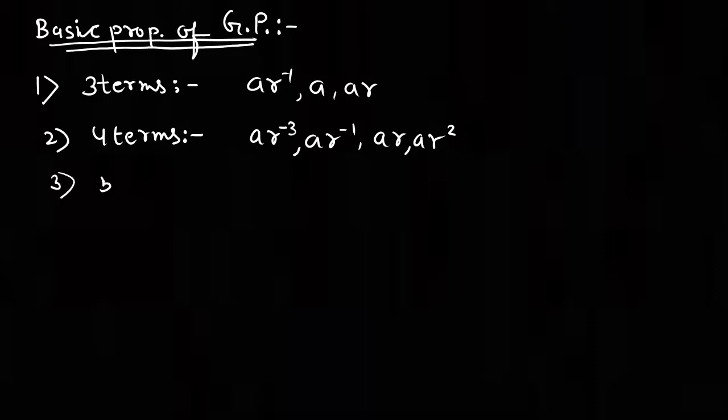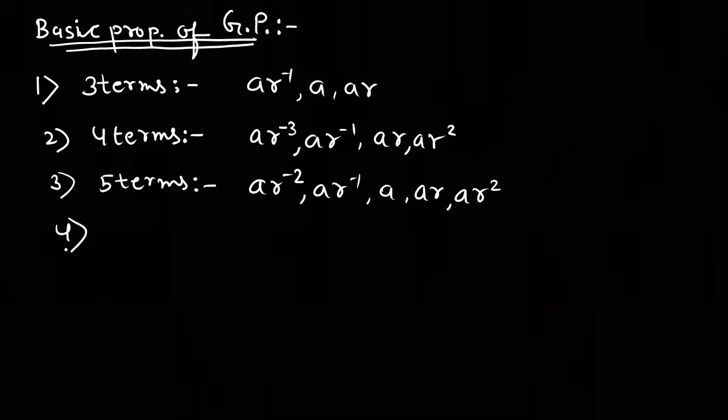And for 5 terms, this is the same as the arithmetic progression term process we discussed before. So this would be A R raised to the power minus 2, A R raised to the power minus 1, A, AR and AR square. So these were the basic properties, like the AP we have studied before.